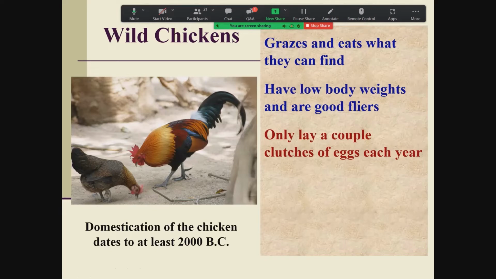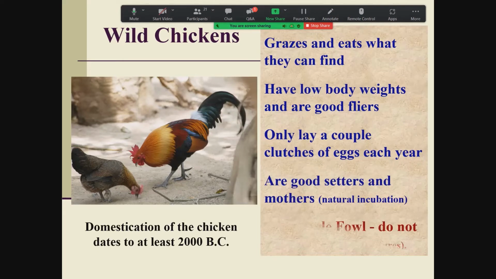Maybe a second time if they have a good season, it's a good mother. But typically, very few eggs are laid by these birds. They are good setters and mothers, however. They do a very good job of natural incubating. That is not something that our domestic birds do very well anymore because it's basically been bred out of them, and I'll explain that in a little bit.